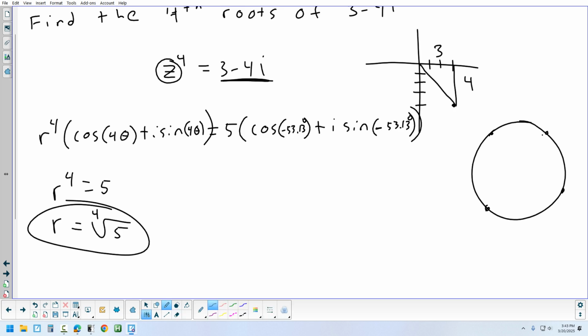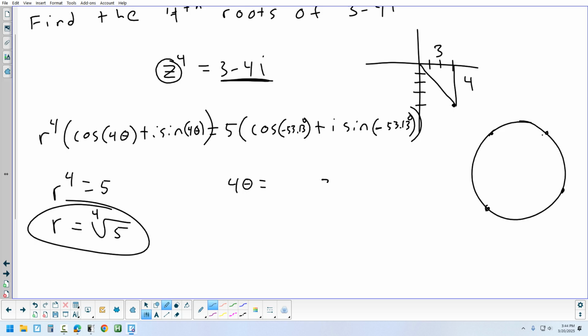What's the equation I'm going to set up for my angle? Yeah, 4 theta is 360 n plus negative 53.13. Say that again. 4 theta equals 360 n.